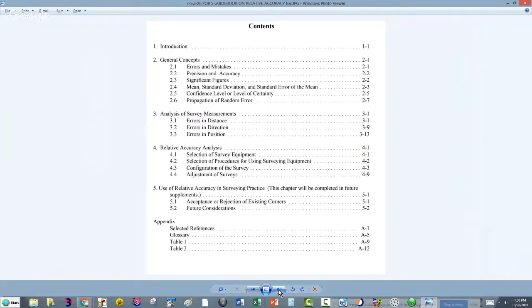So it always goes back to, what are we doing? What is the nature of this work? What is it going to be used for? That will dictate your level of accuracy required to perform that work, which then goes back to helping you decide what types of equipment to use and the methods and procedures you'll follow.